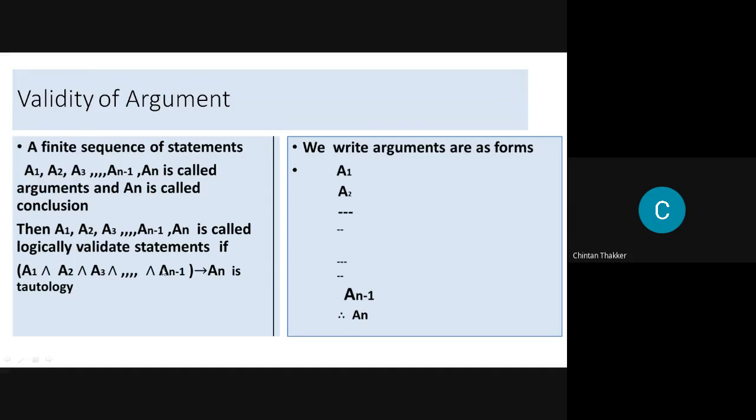If this statement is a tautology, then the given argument is called valid. If it is not a tautology, then the given argument is called not valid. Okay. So to check the validity of the argument, we use the truth table.